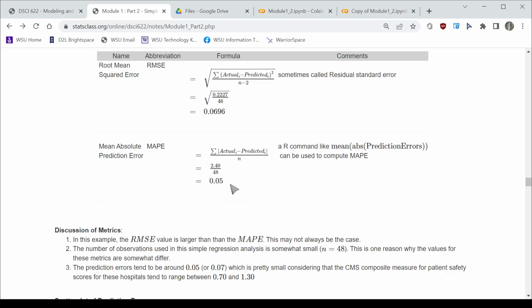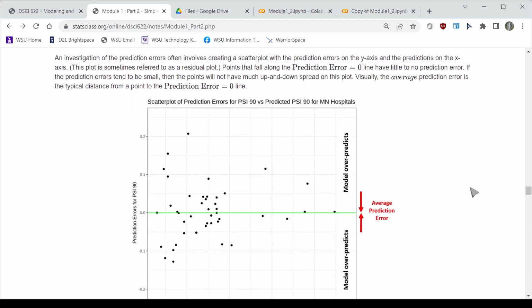And the average error here of 0.05, or if you were to use RMSE, the average error is about 0.07. That's pretty small relative to the PSI 90 values. This model, again, is doing pretty good in terms of the predictions.